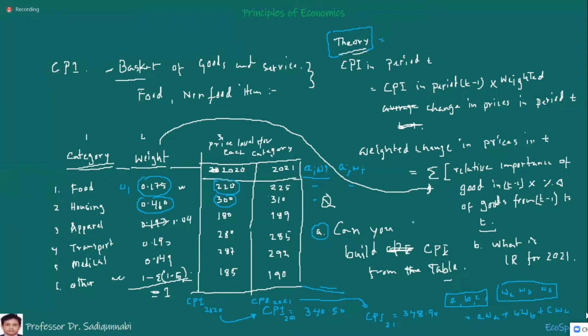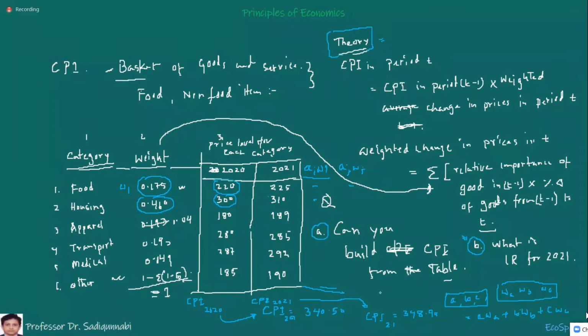What could be the answer to question number B? Can you tell me from your previous class how we can answer it? CPI 2021 minus CPI 2020 divided by CPI 2020 times 100.